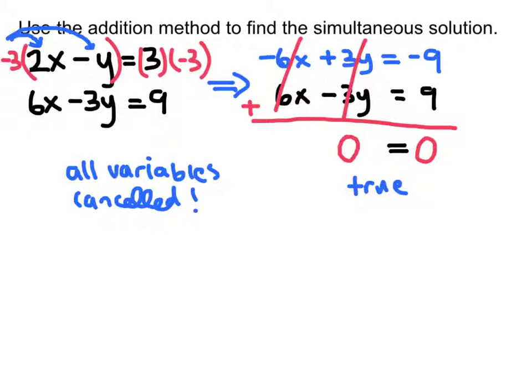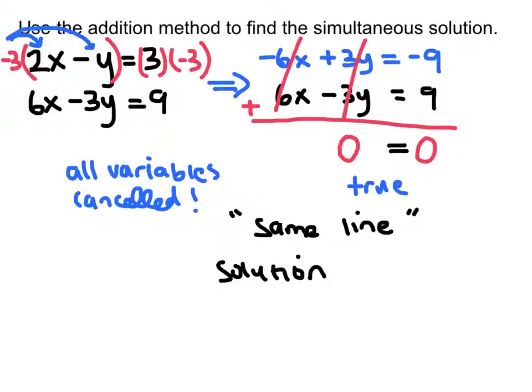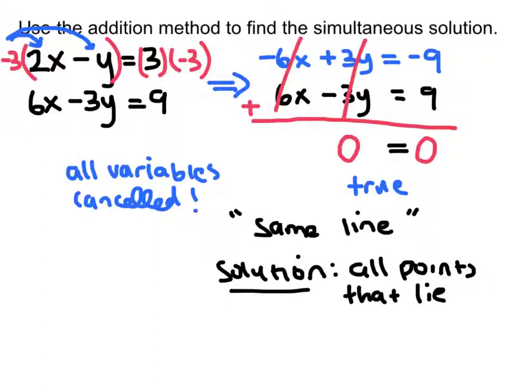So the way our book refers to it is they just say, well, if you want to name the solution to the system, you can say that you have the same line. And solutions to systems that are the same line, the solution is all points that lie on either line.